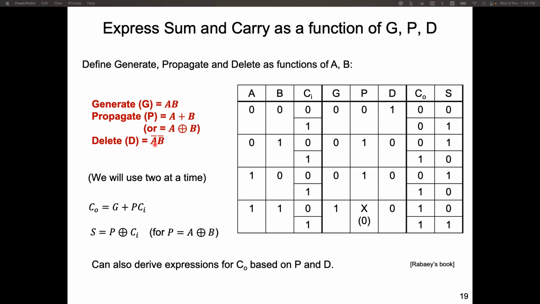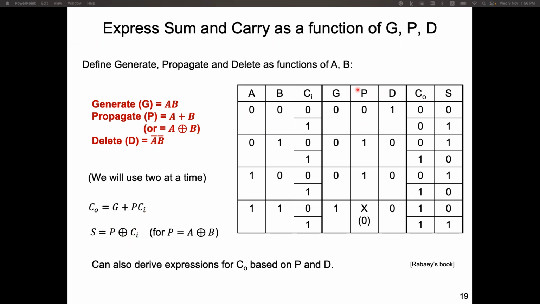So they generate and propagate, and can be made available very soon. Then we can express the carry output and the sum output as functions of these G, P as well as carry in, as shown here.